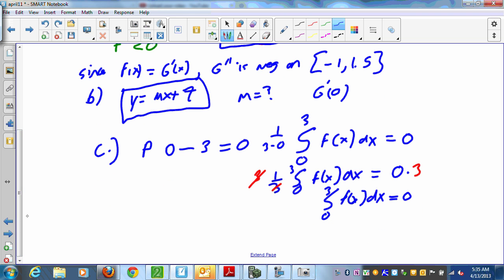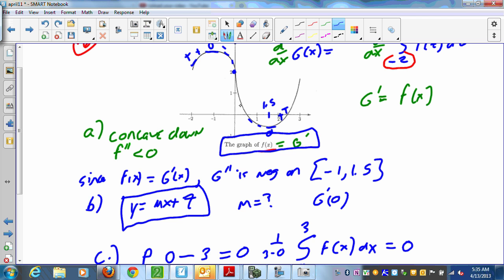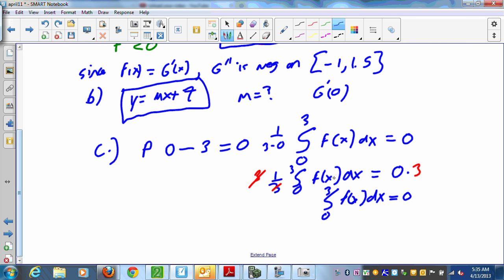Okay. So how do you find g of 3? Well, you could go up here and try to calculate the area of this, which would be very difficult to do. Or you could use the fact that in part B, you found g of 0, right? So if you found g of 0, you could set up this equation.